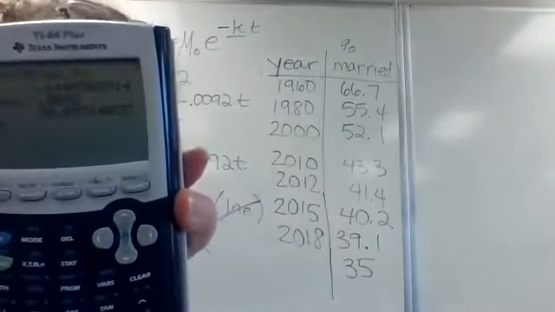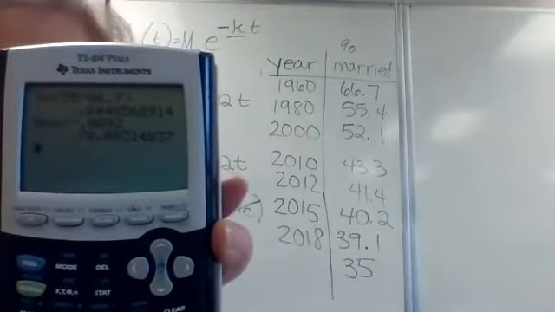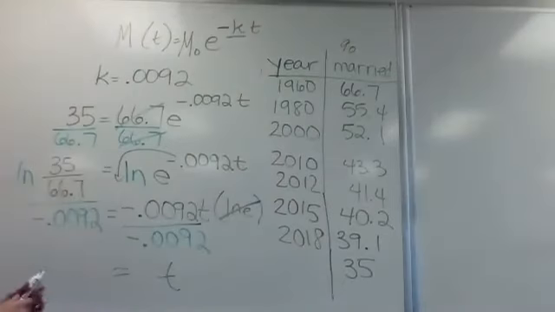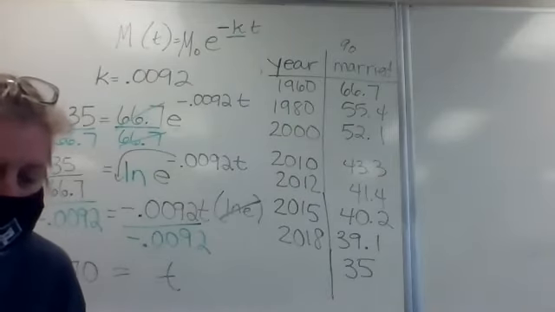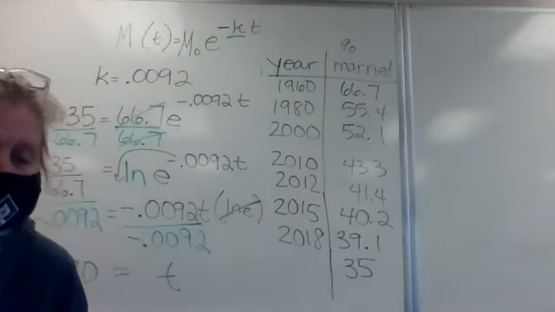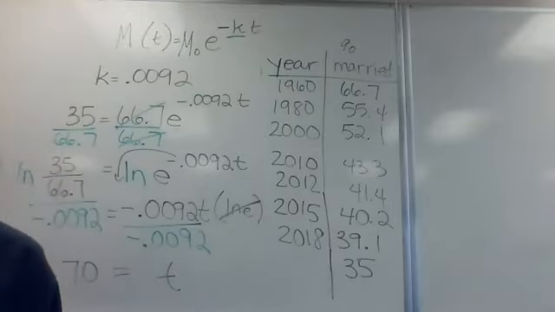Well, what are we doing here? Nearest whole number. So it's 70.0, which is 70. But this wants to know, at this decay rate, in which year will the percent of adults who are married be 35%? It's not year 70.